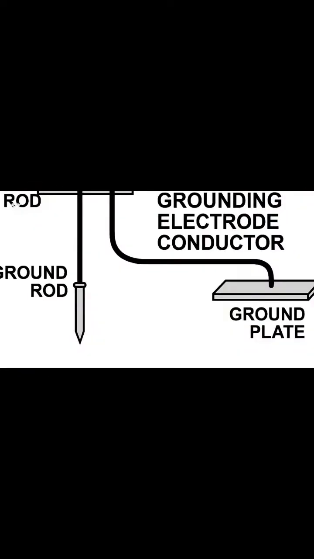Grounding electrodes do 3 things: stabilize voltage, reduce lightning impact, provide an earth reference for the service. That's it. Breakers trip because of bonding, not the earth.